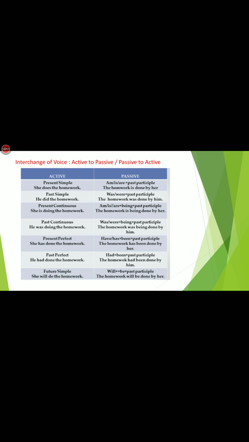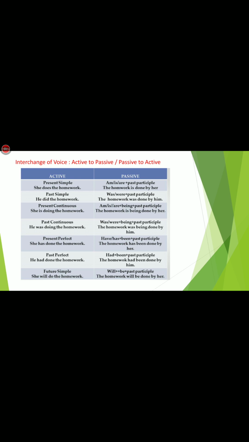Now, for perfect tenses, we use the auxiliary have. In all the other tenses, the previous ones, the simple tenses or the continuous tenses, we have used the auxiliary of be, the verb be. And here in perfect tense, we use the auxiliary verb have plus been plus past participle.